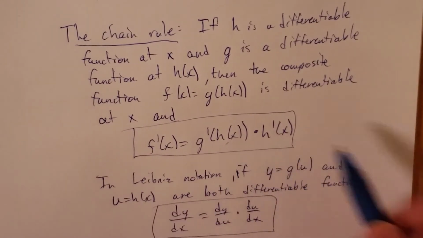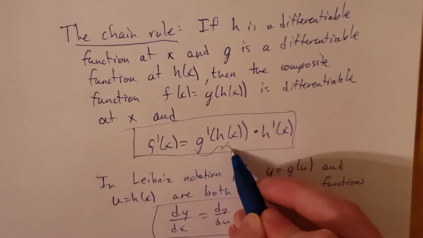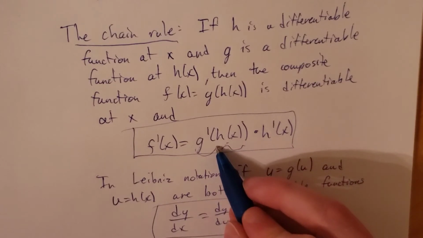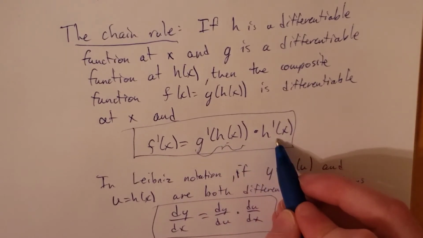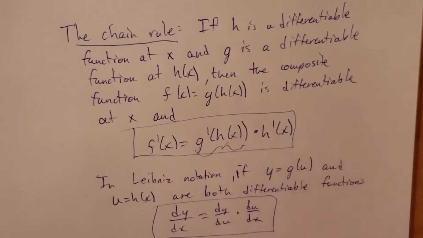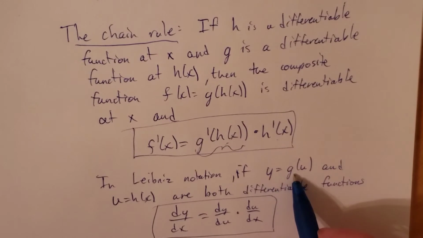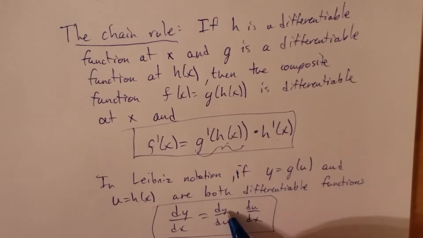And I mean, they're the same thing, right? We have the derivative of the outer function evaluated at the inner function times the derivative of the inner function. And that's exactly what this says as well. y is equal to g of u, so y is a function of u.